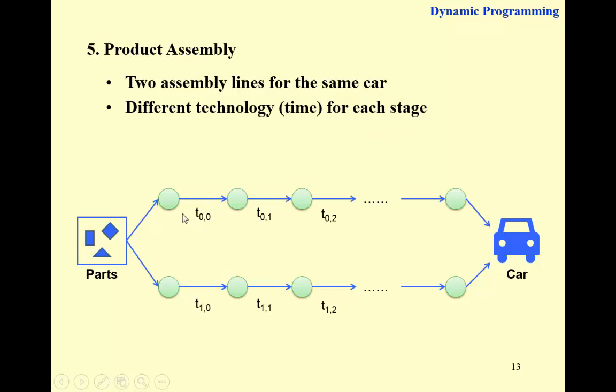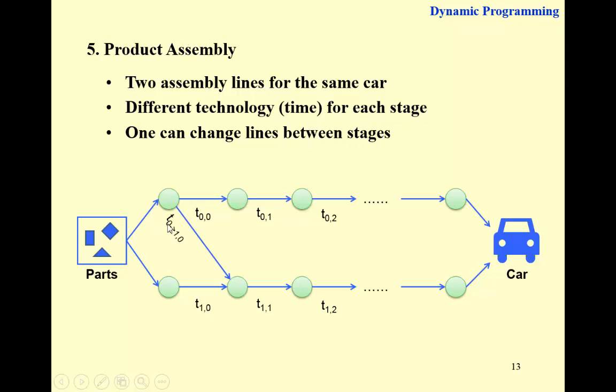That means we're actually having a directed graph, right? And on each edge, we have a weight, and that is the time taken to move from one stage to the other. And there's another thing to make this problem a little bit complicated is that one can change lines between stages.